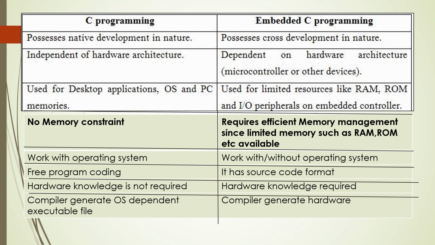In C programming, hardware knowledge is not required, while in embedded C programming, hardware knowledge is required. In C programming, the compiler generates an operating-system-dependent executable file, while in embedded C programming, the compiler generates a hardware-dependent executable file. So that's all about the difference between C programming and embedded C programming.